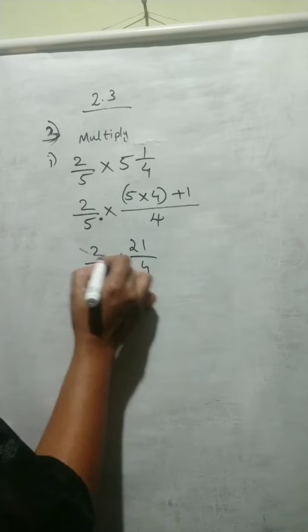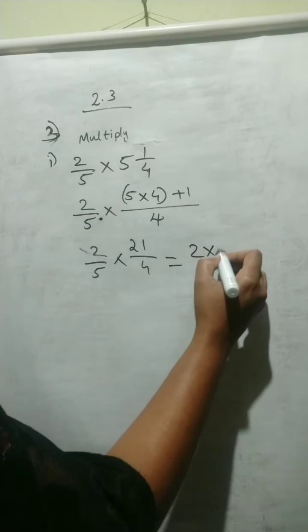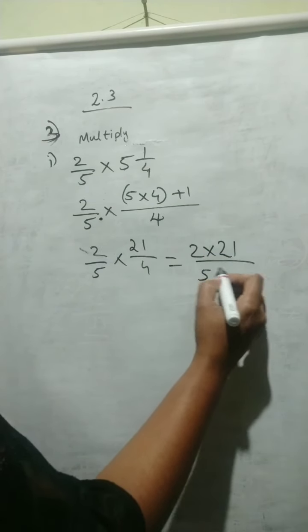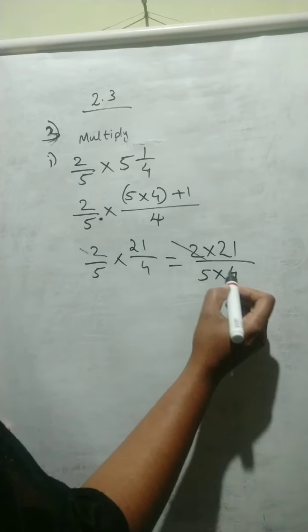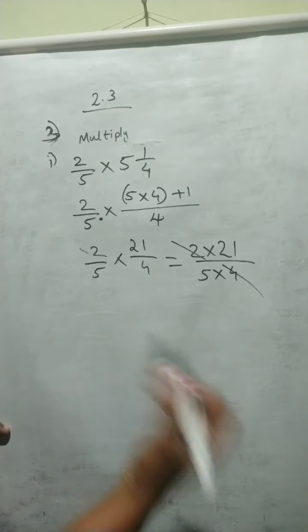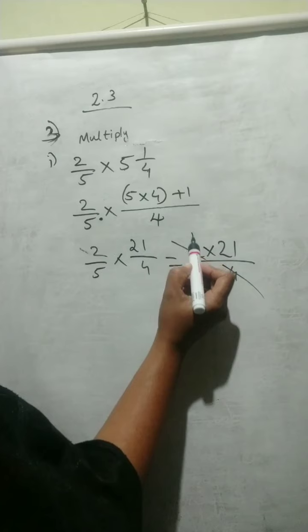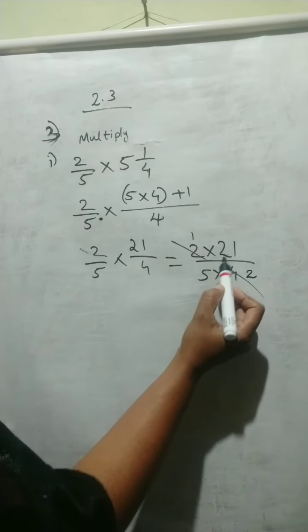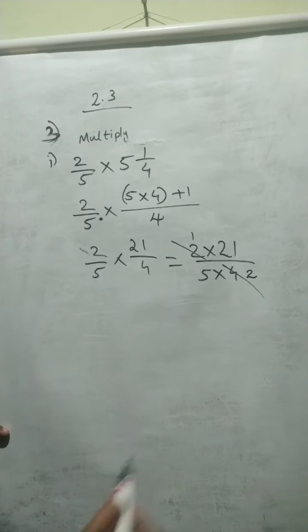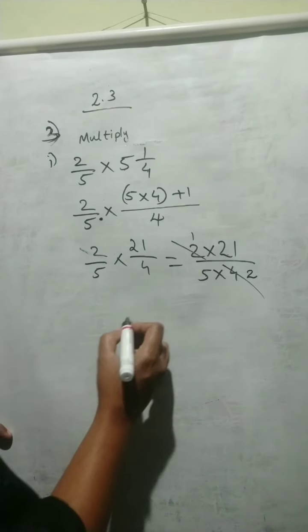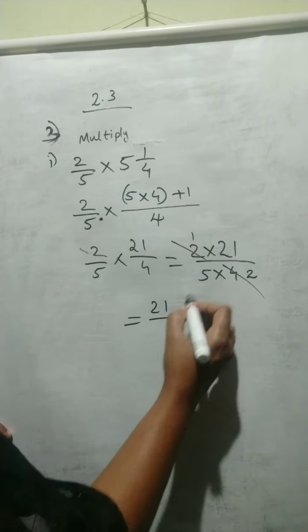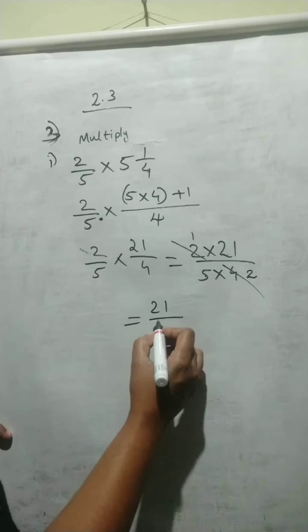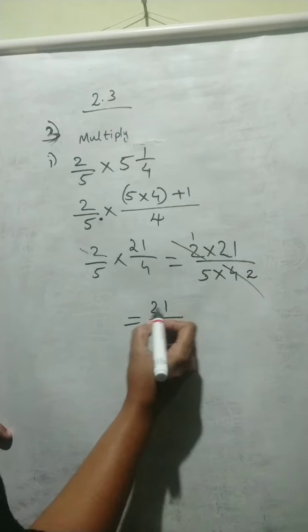Maybe you will get first 2 times 21, then 5 times 4. We can cut this 2 and 4 by 2 itself. 1 times 2, 2 itself. 2 2s are 4. Then 21 and 5, we can't cut. Then 21 and 2, that also we cannot cut. So 21 divided by 5 times 2, that is 10. 1 times 21, 21 itself.